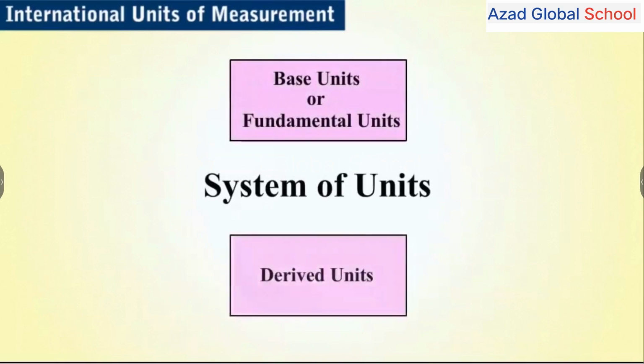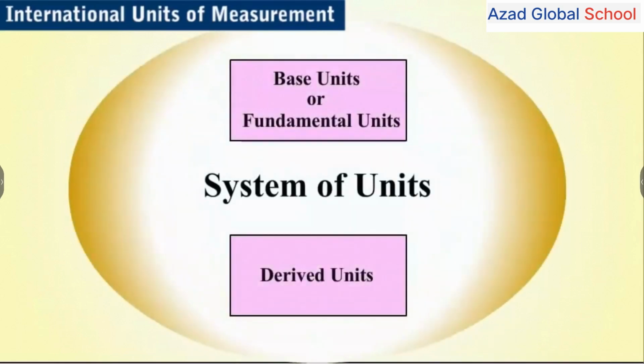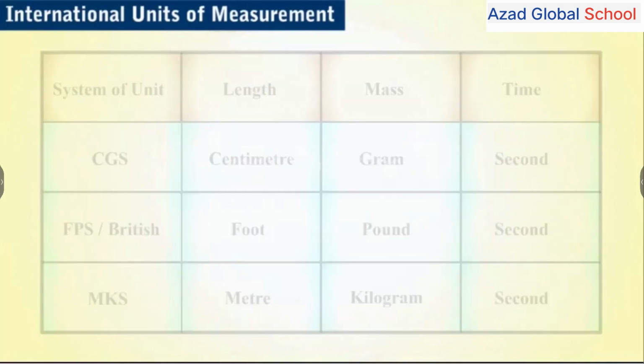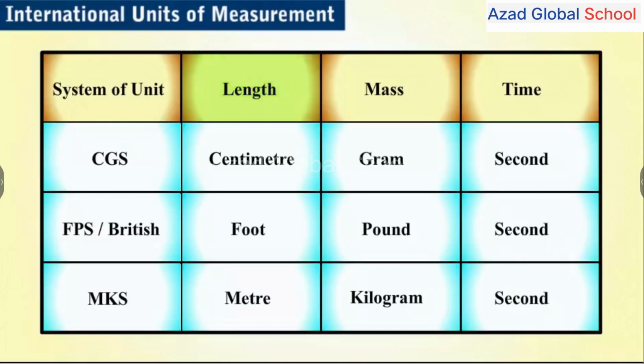Base units and derived units together make up a system of units. A system of units is a generally accepted set of units of measurements. Until recently, three major systems of units were in use in different countries based on the units of three fundamental quantities, namely length, mass, and time.